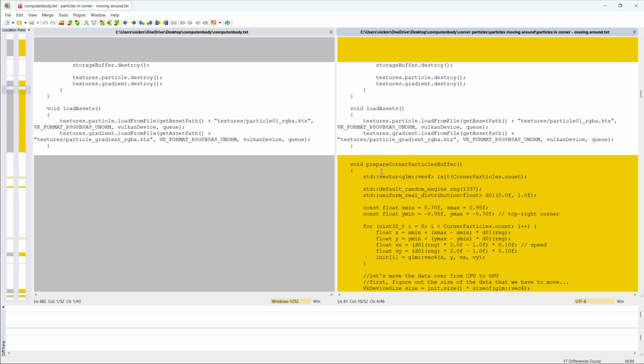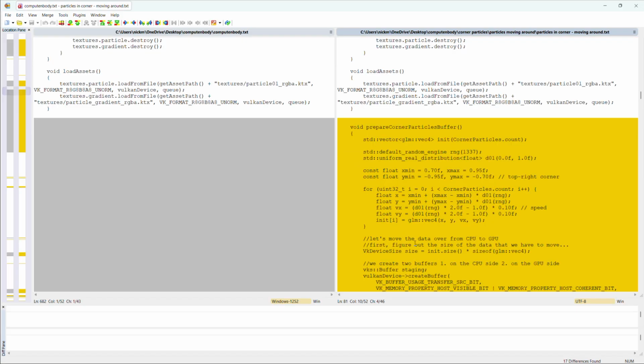Prepare corner particles buffer. So here, as we said in our notes, we have a vector of particles, right? And then we do some math to make sure the calculations for the particles are done.